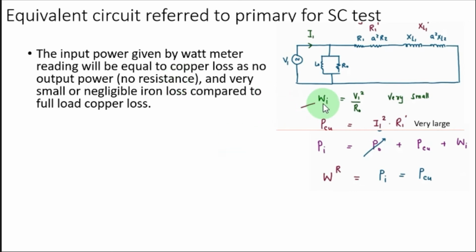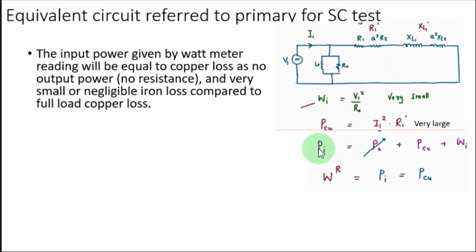So Wi, that is iron loss, is equal to V1 squared over R naught, and as V1 squared is very small, we can neglect that. The copper losses will be I1 squared into R1 dash, that is this resultant resistive component. This is very large because rated current is flowing.